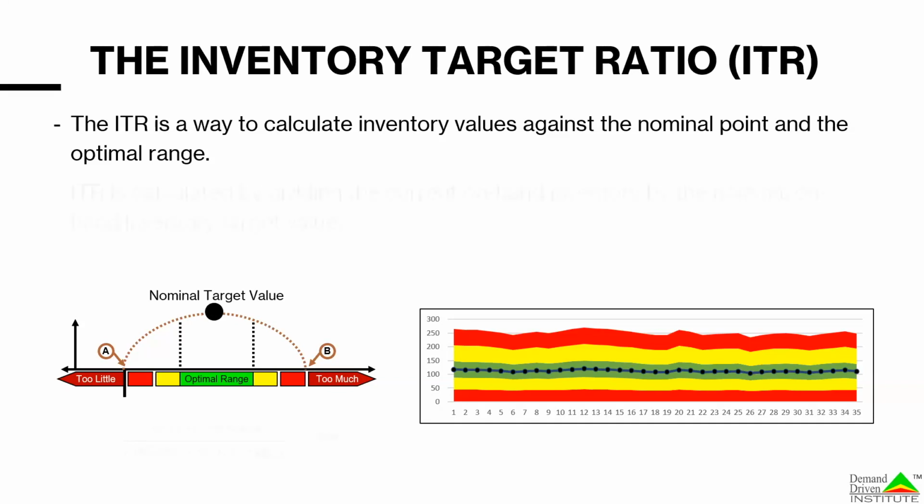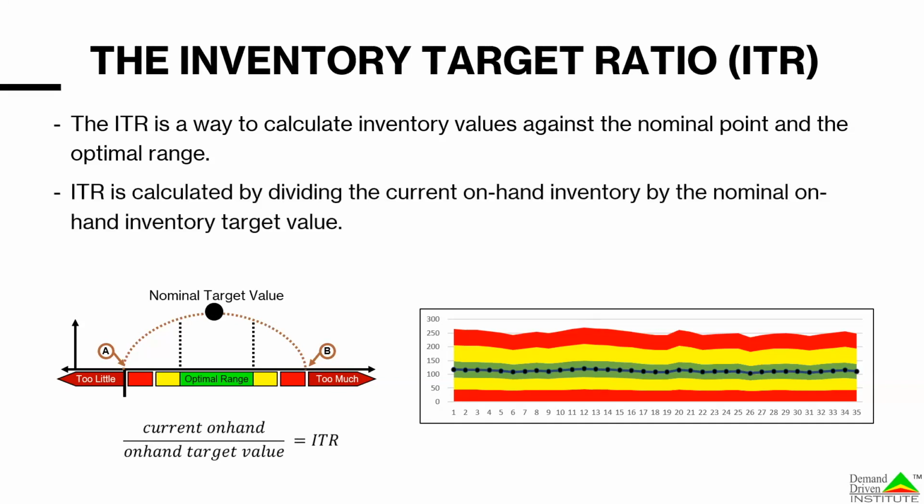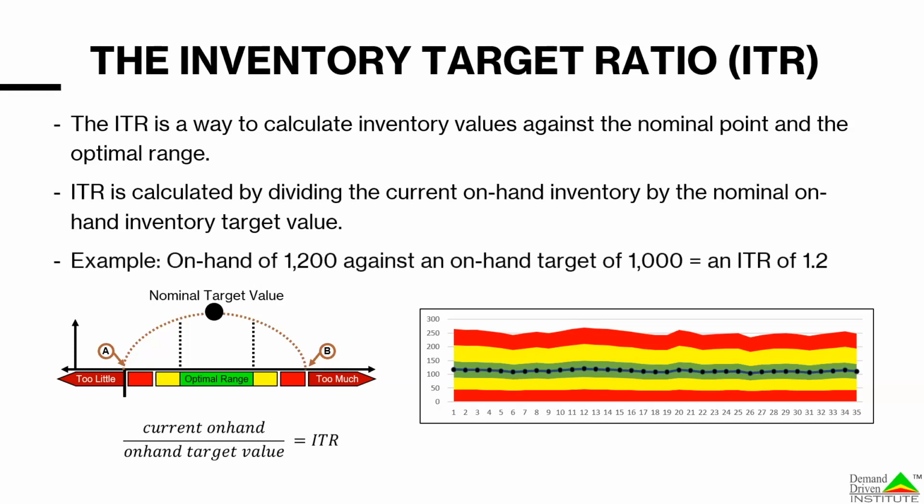All right. So the ITR is calculated by dividing your on-hand by the nominal on-hand target value. So if you had 1,200 on-hand units and your target was 1,000, your ITR would be 1.2 on that position.